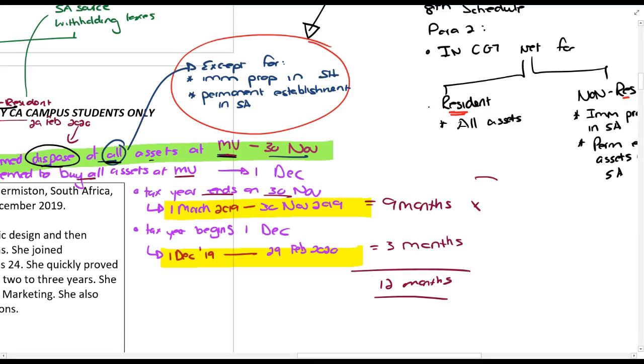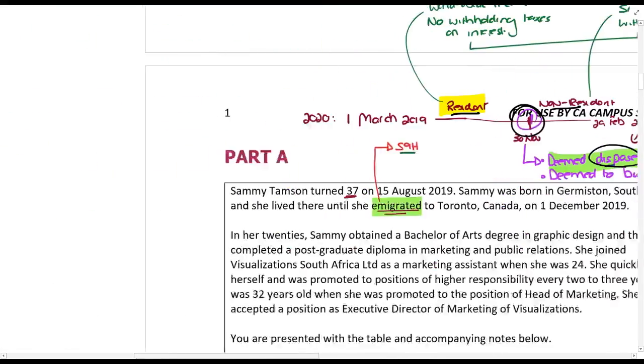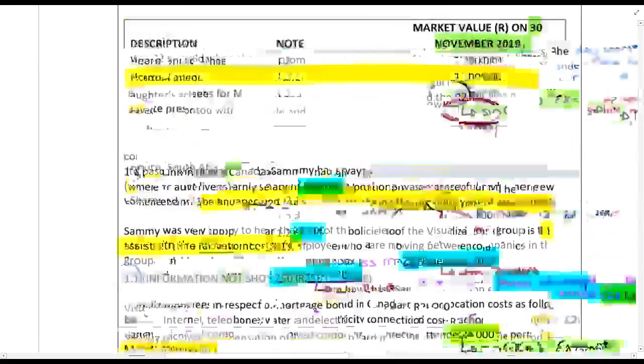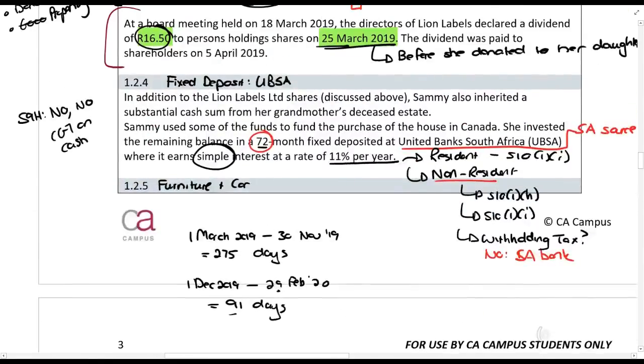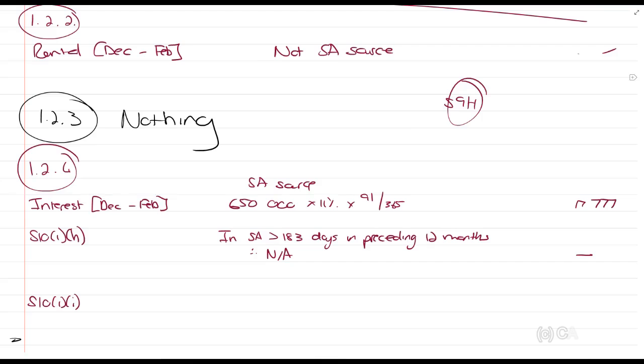Why it's challenging is in practice, there's even no way of doing these short month periods on e-filing. But this is what the Act requires, so practically we'd have to figure out what to do with it. Right, so when she's a non-resident, she's used up the 23,800 for section 10(1)(i), so there's no further exemption.